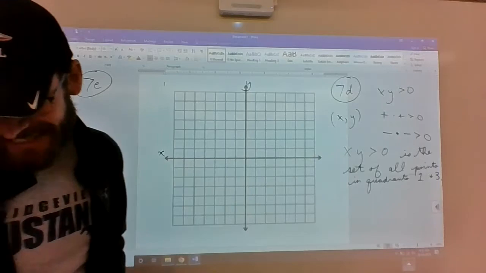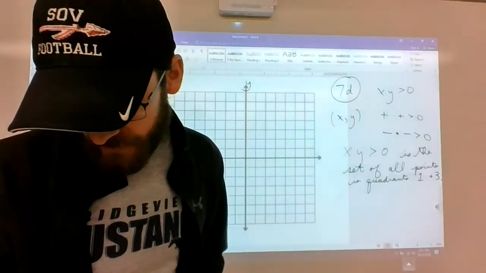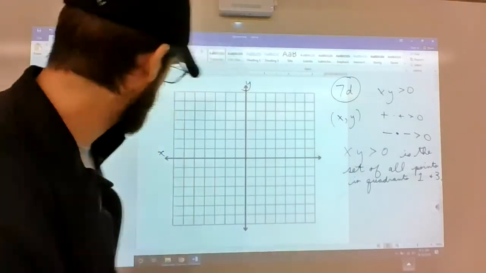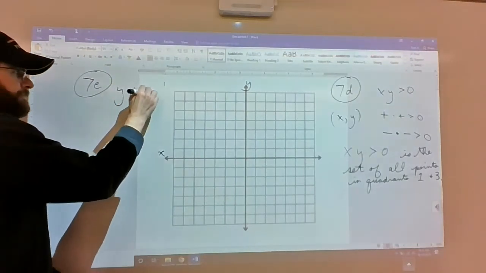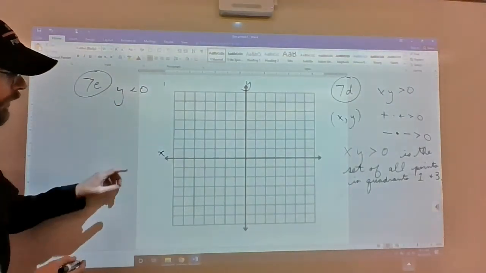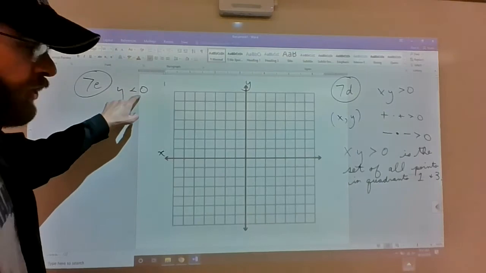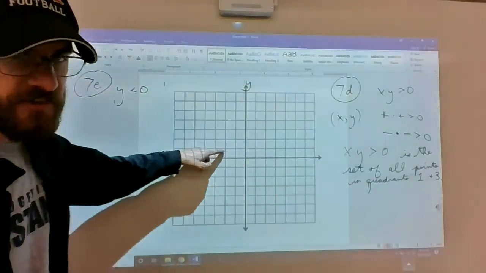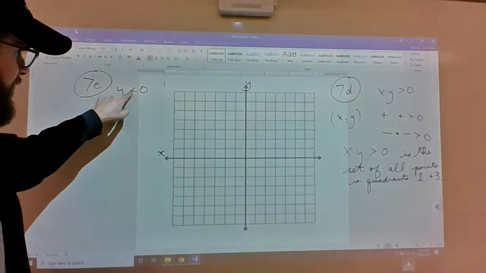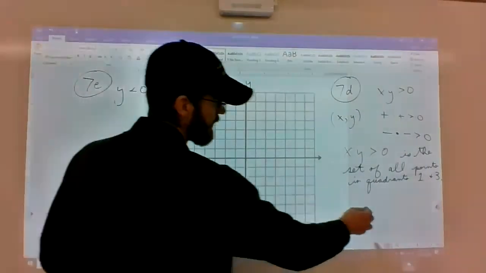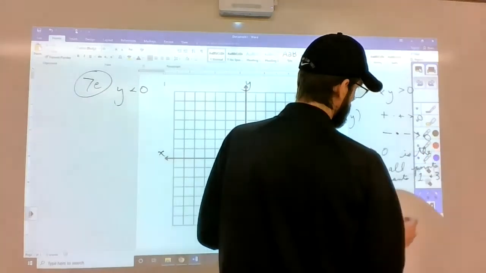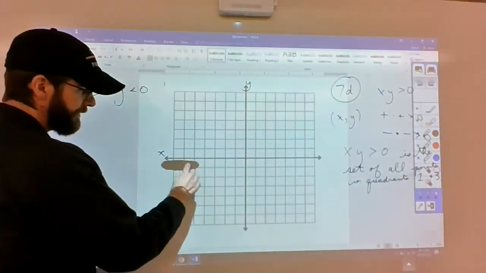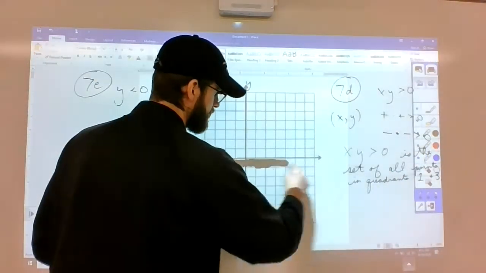All right, 7E says, what's going on when y is less than 0? Well, remember, y's are horizontal lines. 0 would be the x-axis. And if y is less than 0, we should say everybody below this.